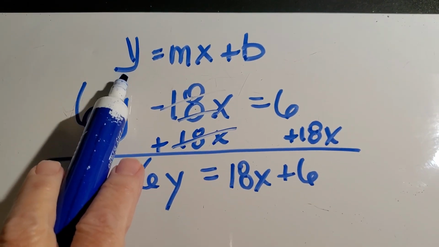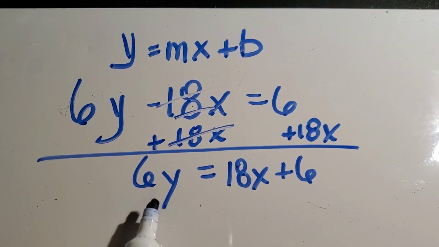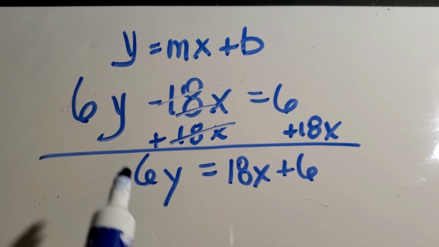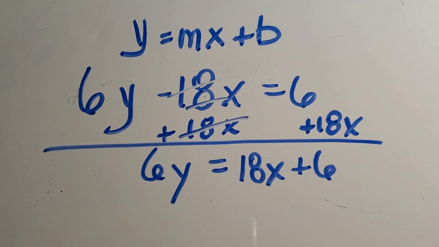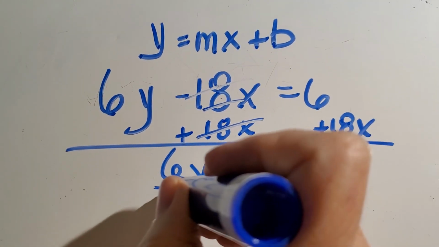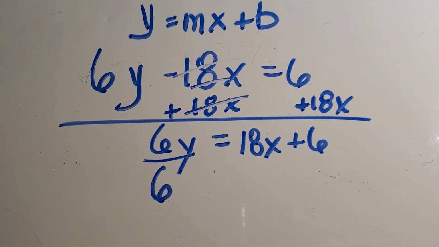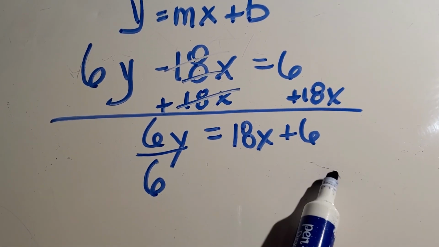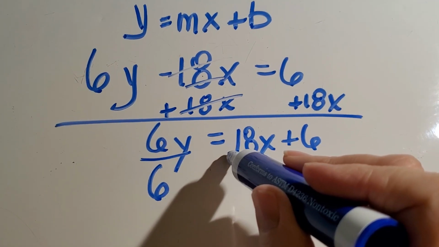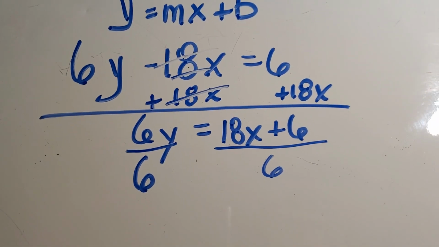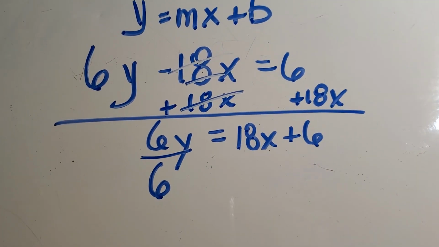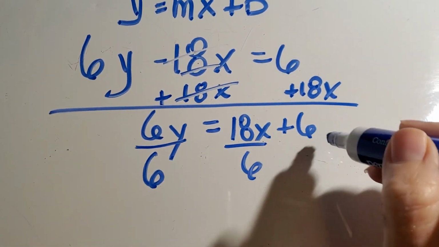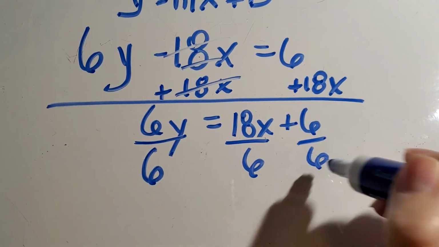So if I have it right now at 6y, and I want it to be y, what can I do? I can divide it by 6. So I'm going to divide this by 6. When I do that, though, I need to divide the other side by 6 also. You can either do it like this, divide the whole thing by 6, but it is easier, especially on a slope-intercept problem, to just divide each individual term by 6.